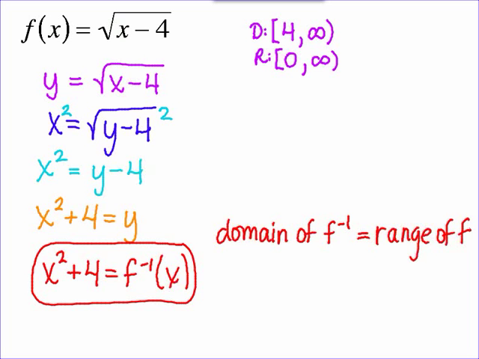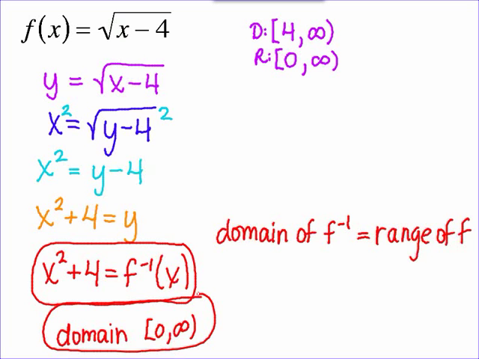Right, so my domain here, folks, is going to be 0 to infinity. Good. That's why it helps to do this from the get-go, because that's going to tell you right away what your domain is going to be. So you don't have to do the range, just the domain.